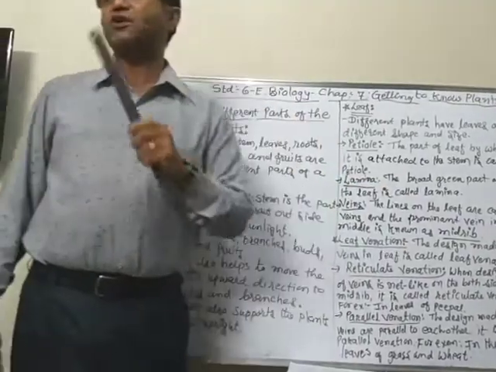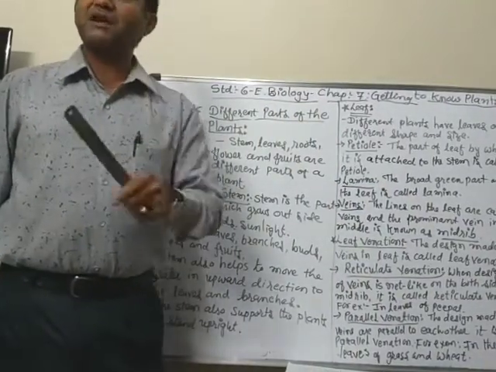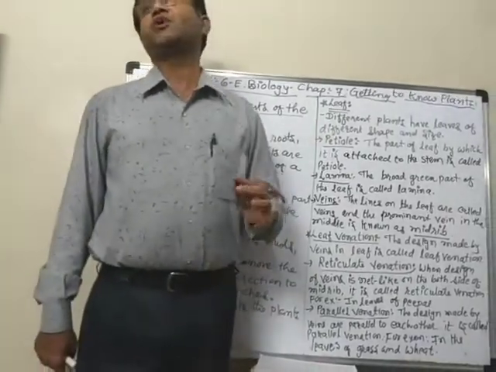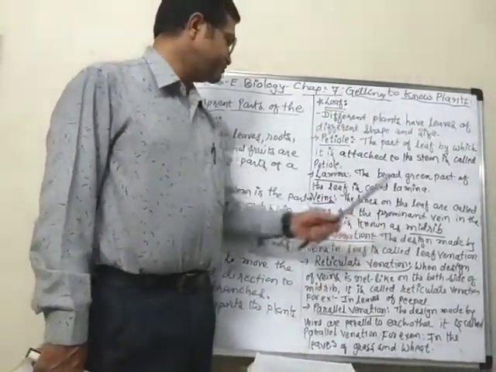So all the lines are veins, but that middle one, which is prominent, dark and thicker, is the midrib.